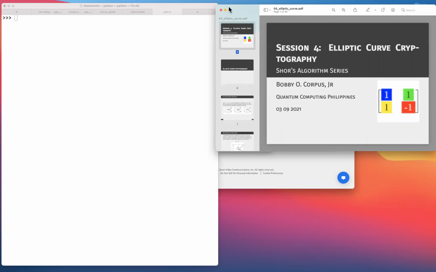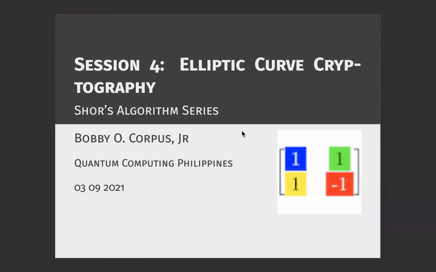We are going to talk about elliptic curve cryptography, because elliptic curve is one of those encryptions that is used predominantly in our daily lives, like for example when we use our phone and send messages that are encrypted. These are using this kind of technology.